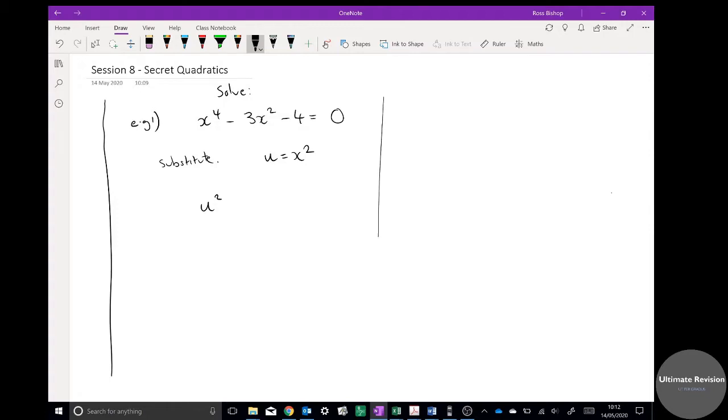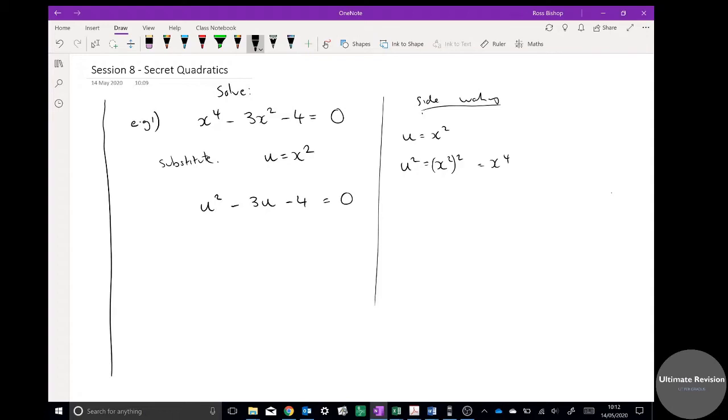Side working: if u equals x squared, u squared will equal x squared squared, which is x to the 4, which is what I want. The next term, x squared is equal to u, so that's just 3u. And the final term doesn't change, minus 4.